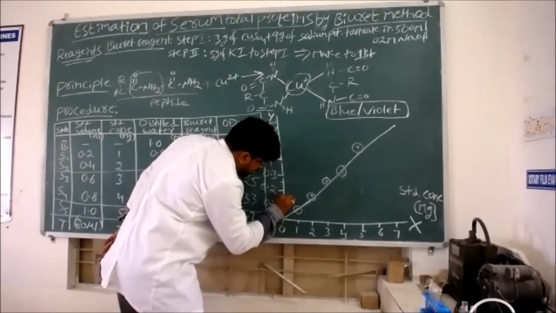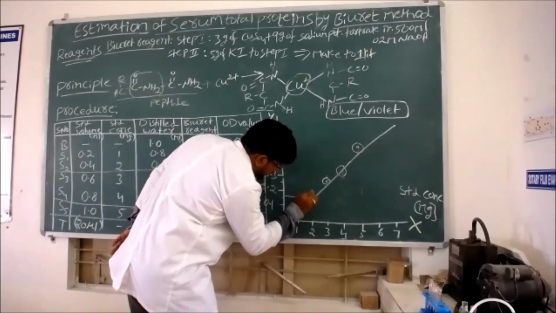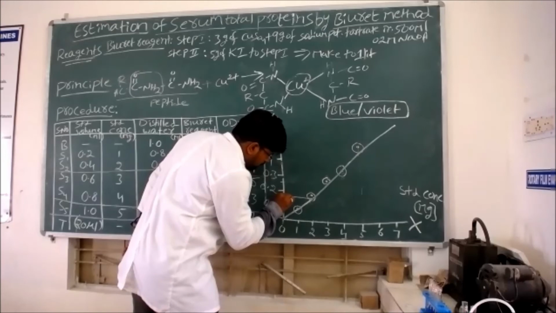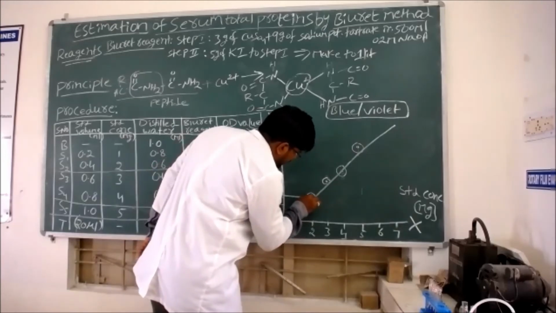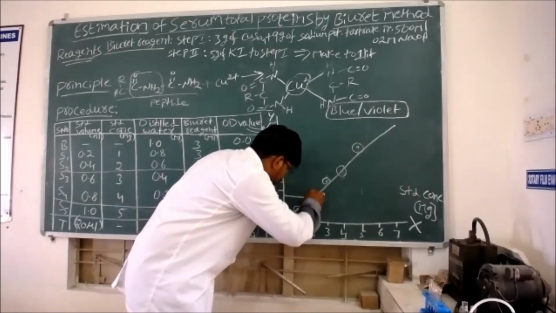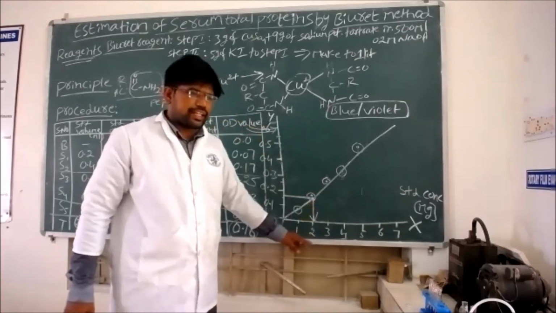From that, you draw a straight line parallel to the x-axis. Somewhere it will intersect with the straight line. After the intersection, again you draw a straight line that will touch the x-axis.